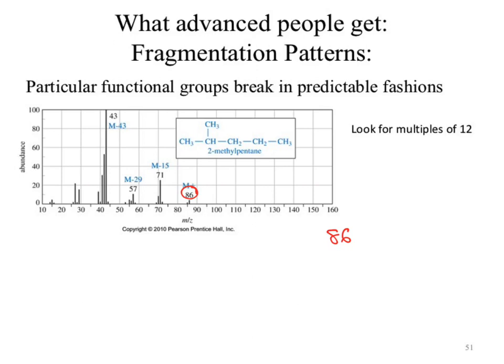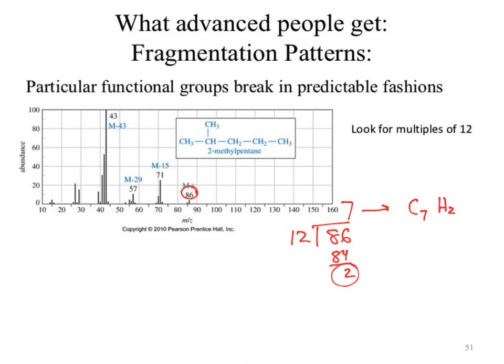So what I can do is take 12 into 86. 7, because you'll get 84. Yeah, 7.2. 6 is probably a better choice, and we'll deal with that in just a second. This means I can have 7 carbons and how many hydrogens? 2 hydrogens to make up the remainder.